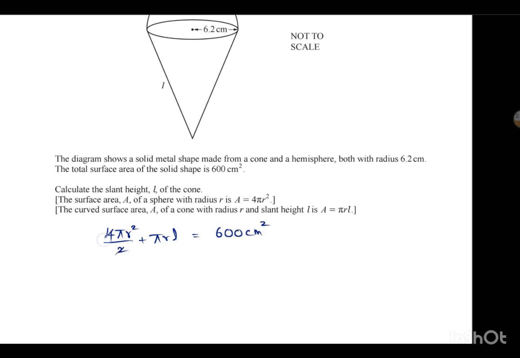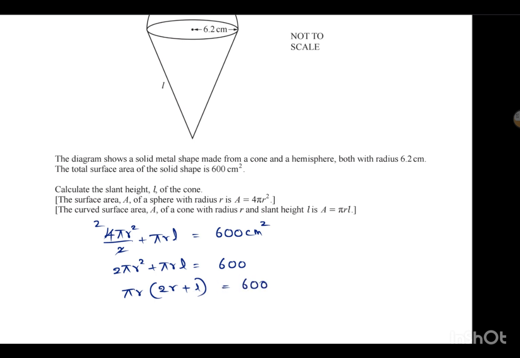Now just simplify this, you get 2 pi r square plus pi rl is equal to 600. Taking pi r common, I get pi r into 2r plus l in brackets, which is 600.